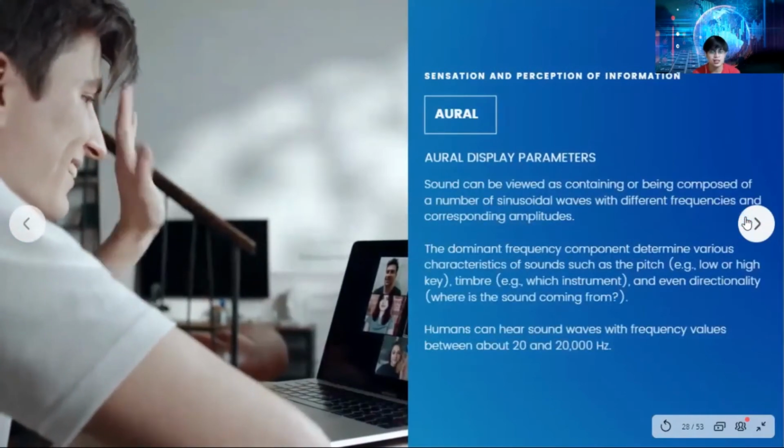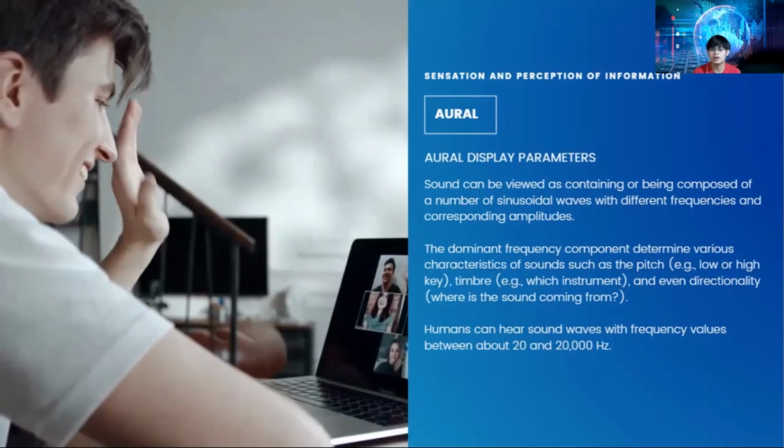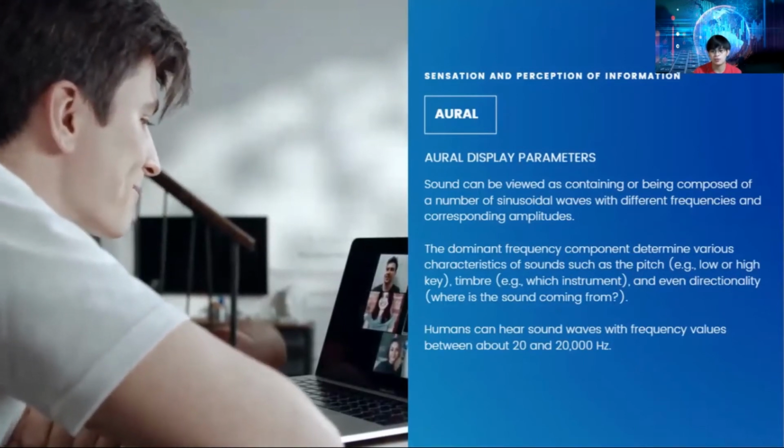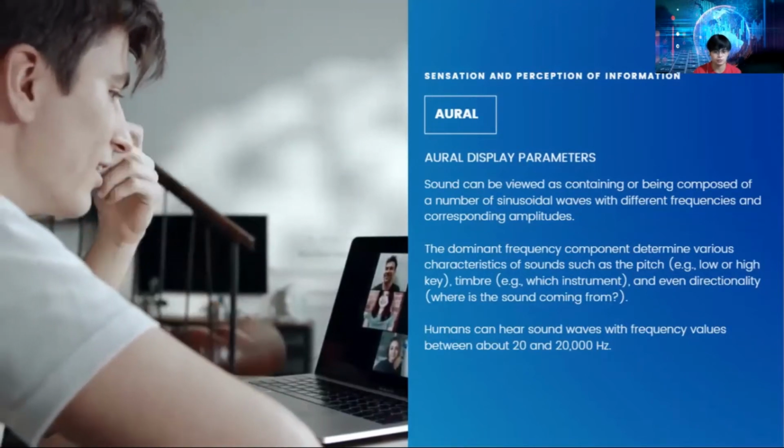Next is, okay, sound can be viewed as being composed of a number of sinusoidal waves with different frequencies and corresponding amplitude.